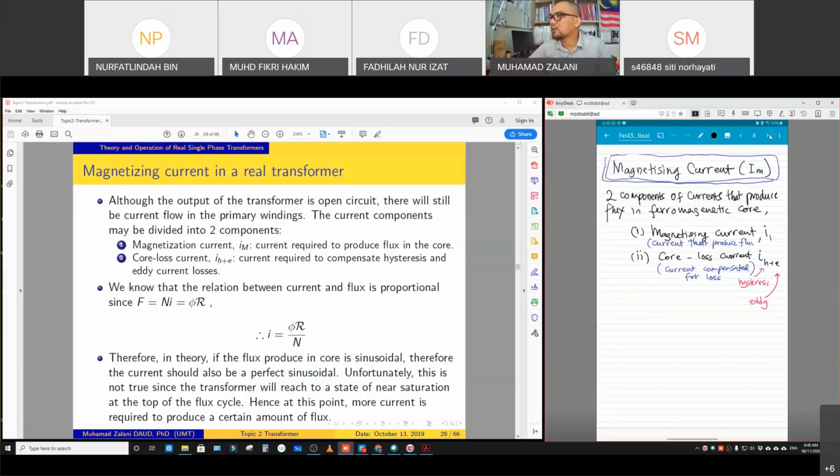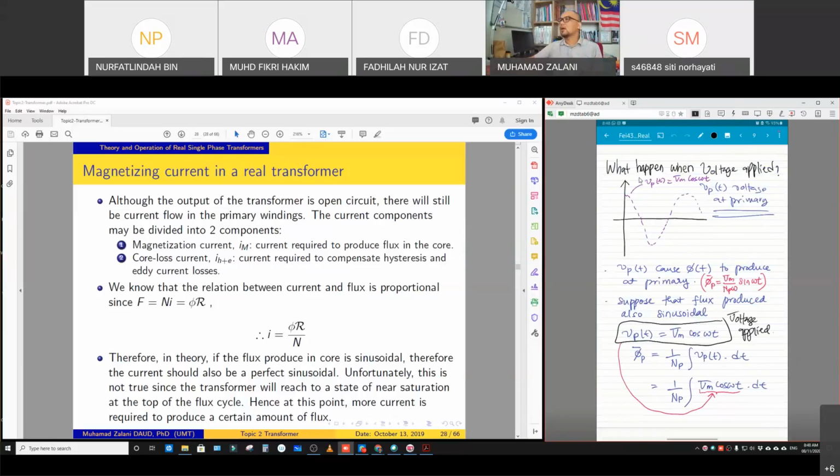Basically, what happens when voltage is applied to a transformer? When we apply the voltage to the transformer, we can assume, let's say this is the voltage that we apply, which is Vp(t) equals Vm cosine omega t. So this is the cosine function, right?